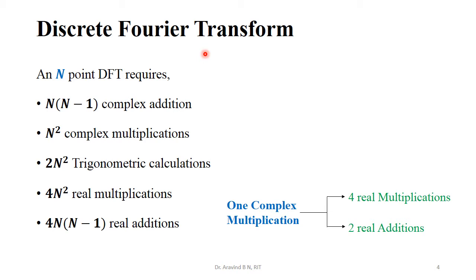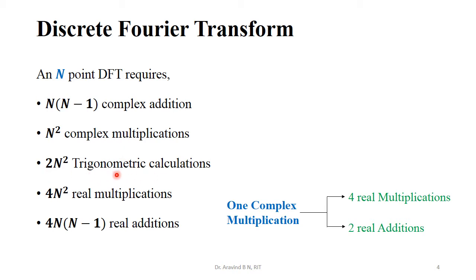So let us go through how much is the computational complexity of the discrete Fourier transform. An n point DFT requires n into n minus 1 complex additions, n square complex multiplications, 2n square trigonometric calculations.